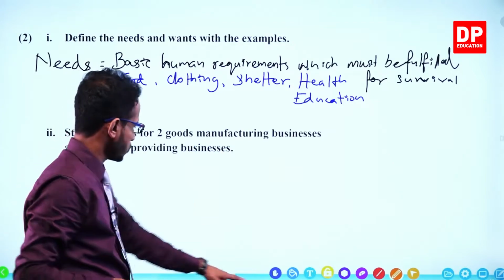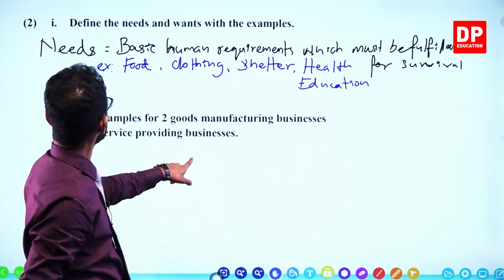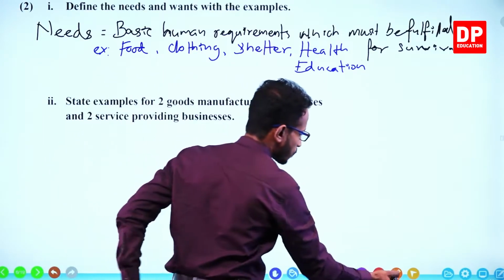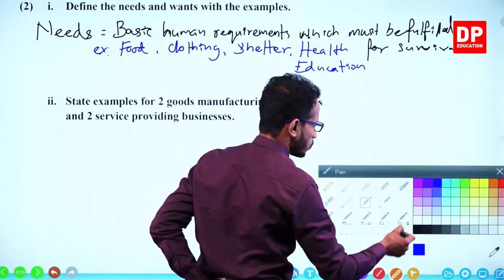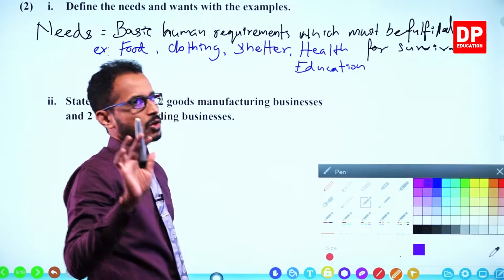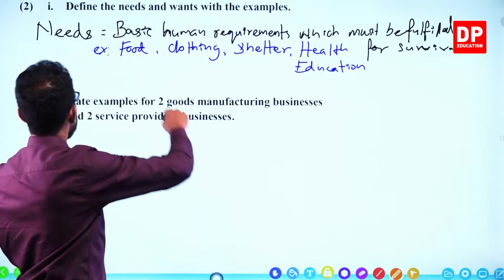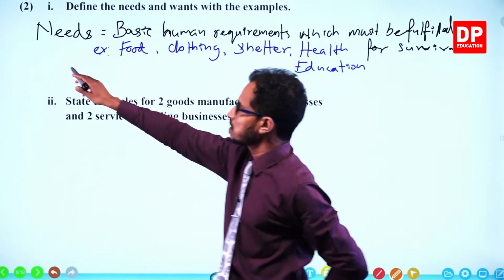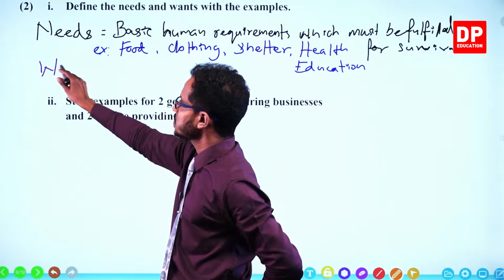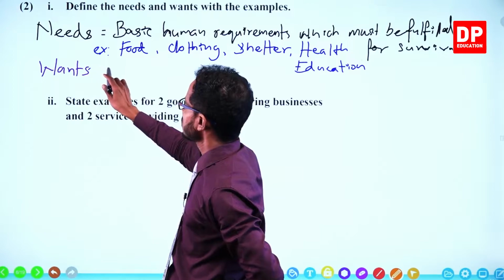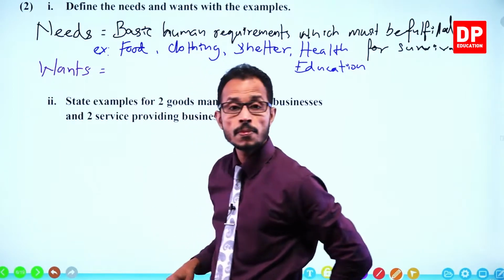Then let's talk about wants, shall we? Tell me, what are wants? First I need a definition, before examples. I'm writing here under the needs. Wants.